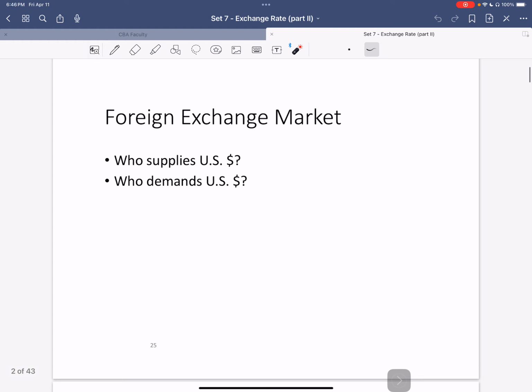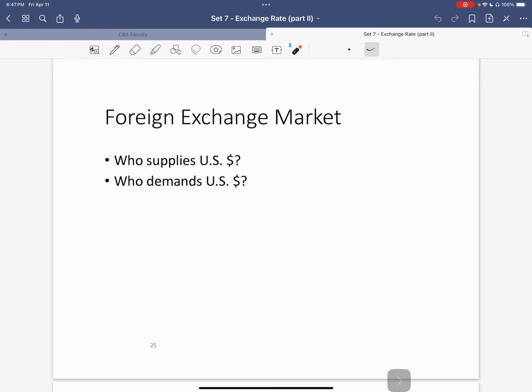We're going to just simplify the world. We know that each country has its own currency, like Mexico has the peso, Turkey has the lira, and European countries each have their own currencies other than the euro that they use in the euro area.